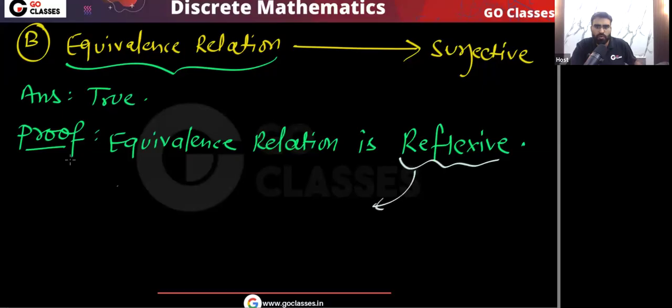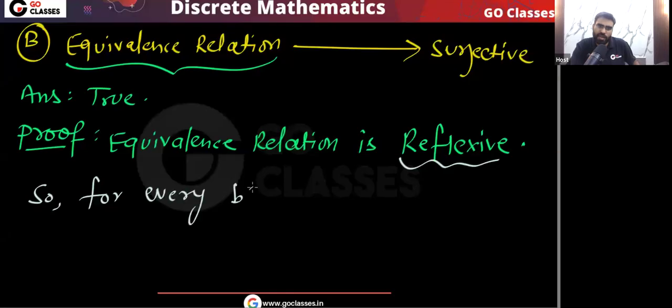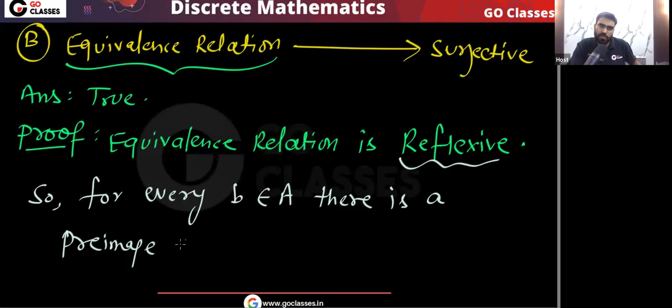So what can I say? For every element B, there is at least one preimage.